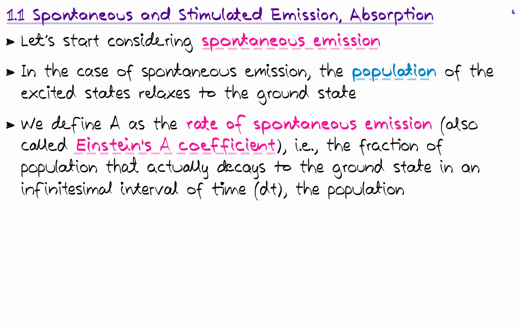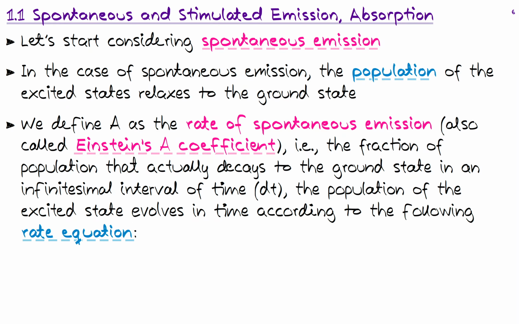And the population of the excited states evolves in time according to the following rate equation. So we are now really interested in the dynamics of our system: the time derivative of the excited state population. Here, please see this N2, that's the population of the excited state. And we are interested in how this changes with respect to spontaneous emission.